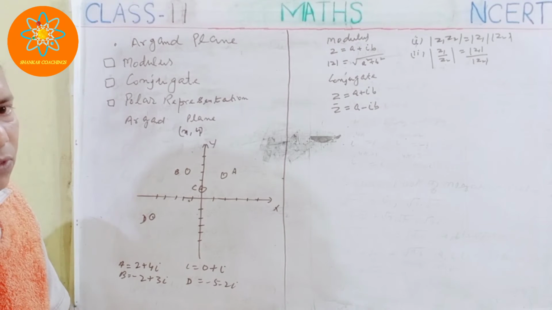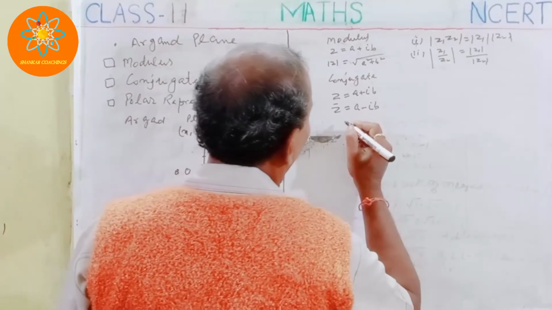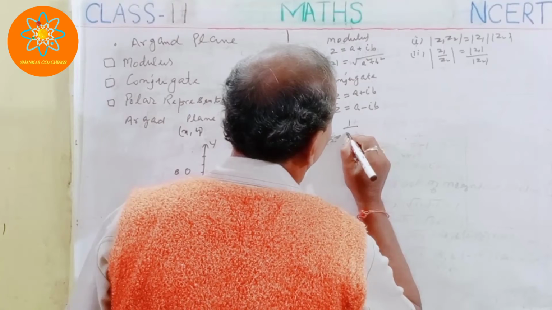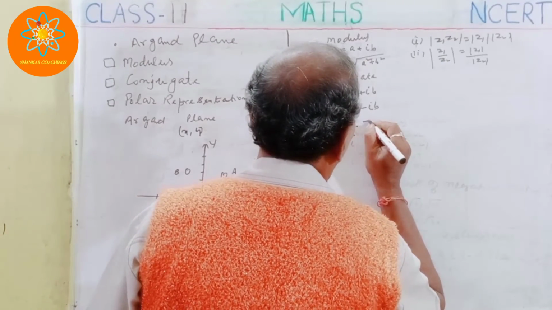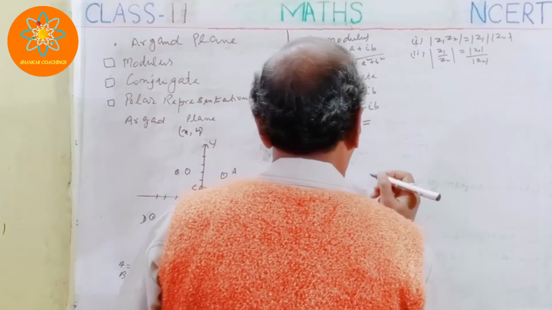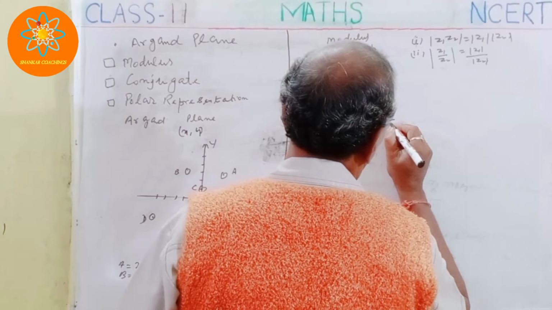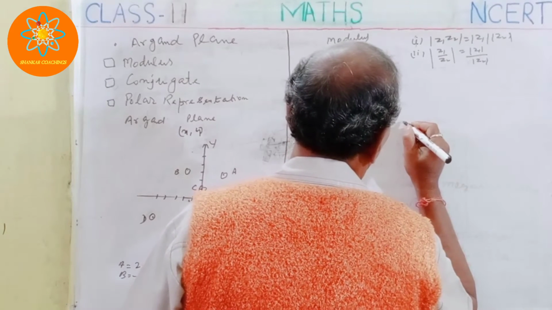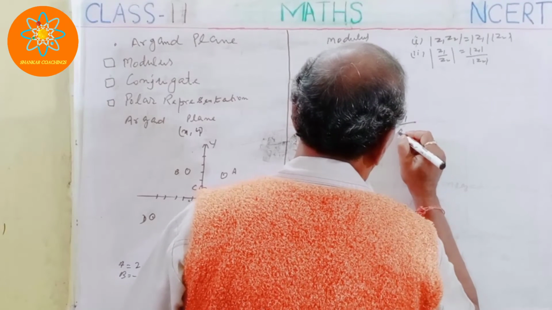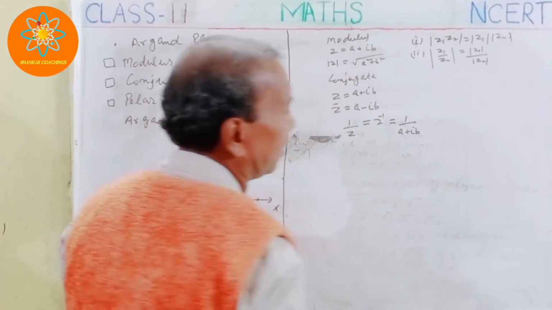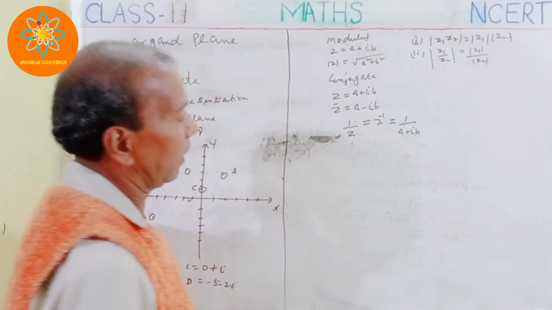Let's suppose I want to find the value of 1 by z, which is z inverse. So 1 by z is equal to 1 by a plus ib.